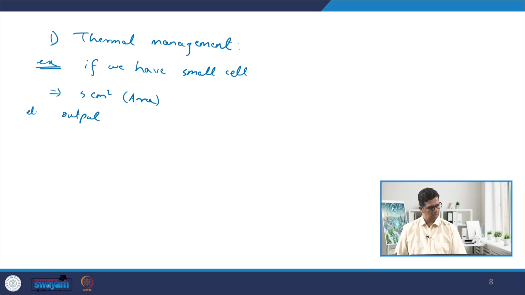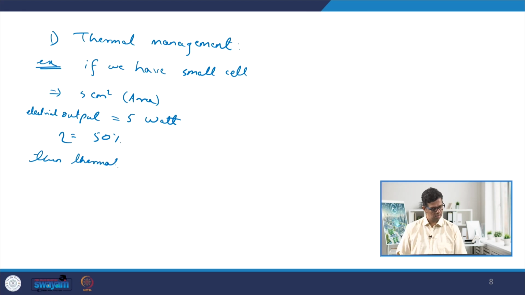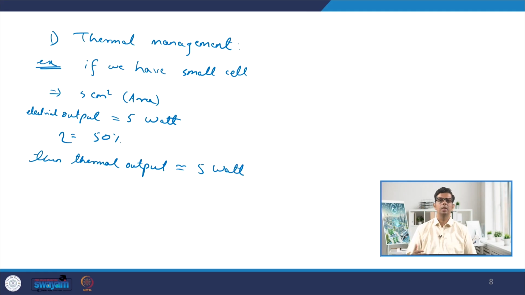This electrical output is, let's say, around 5 watt. And if the efficiency is 50%, then we have thermal output as well, and the thermal output is also around 5 watt, as the rest 50% in terms of efficiency is released as heat.